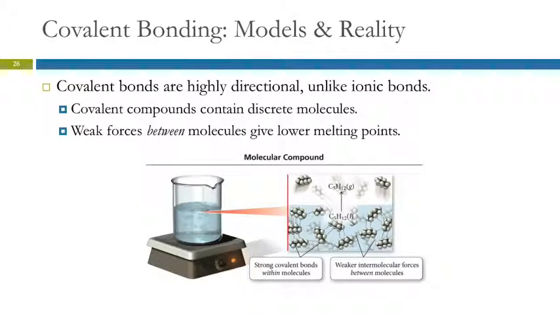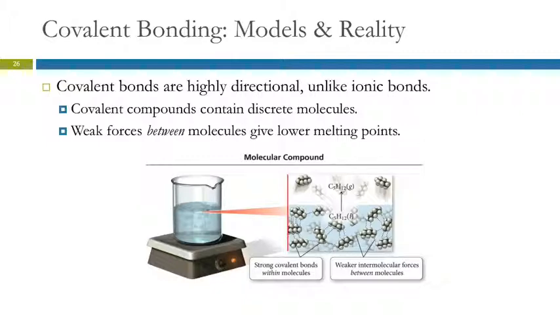So we have discrete molecules in these molecular compounds. The discrete molecules are held together, I mean, we know that water exists as a liquid, right? So those discrete water molecules must be held together by something, but the forces that hold them together are much weaker than the covalent bonds.